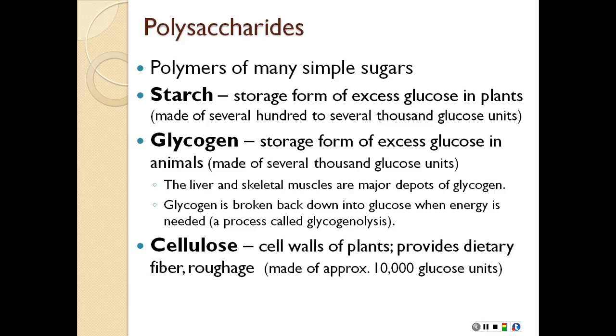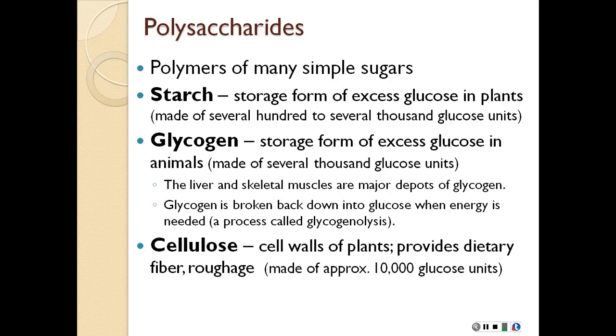Okay? Glycogen, you'll find that glycogen is the way our body stores excess glucose. So again, if you eat 6 Krispy Kreme donuts, you don't need all that glucose that is going into your bloodstream to stay there. So some of the glucose is packed together and stored as glycogen.